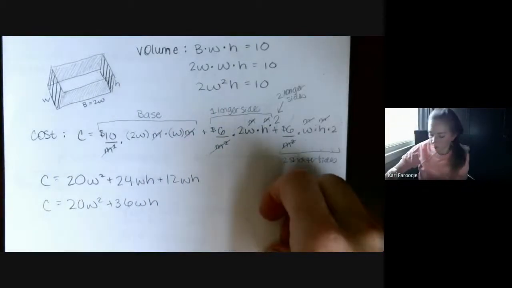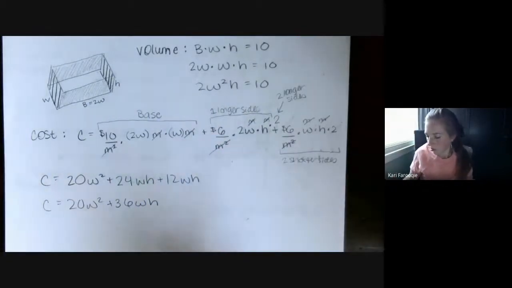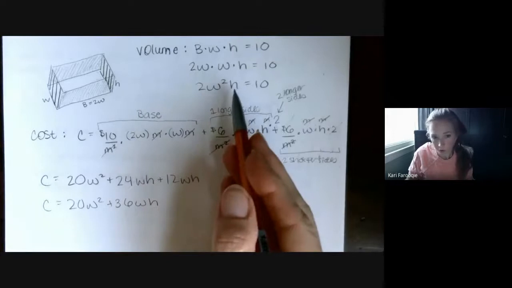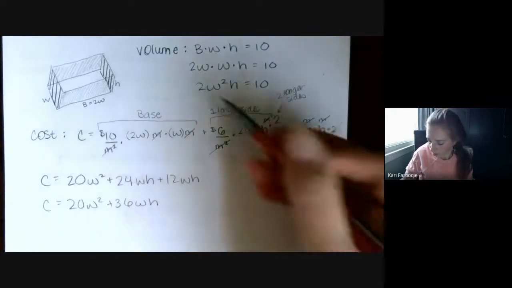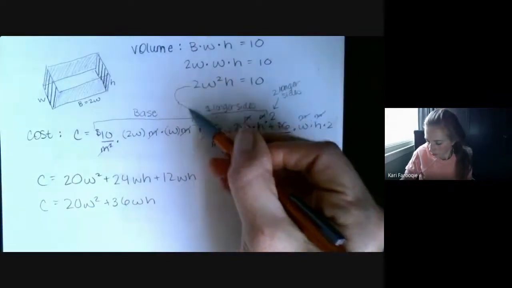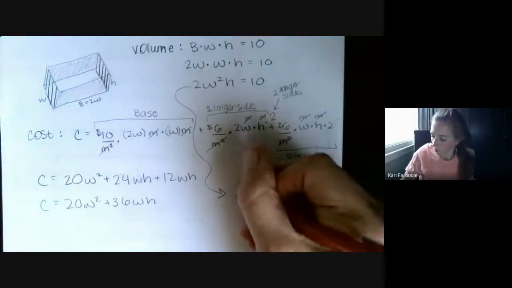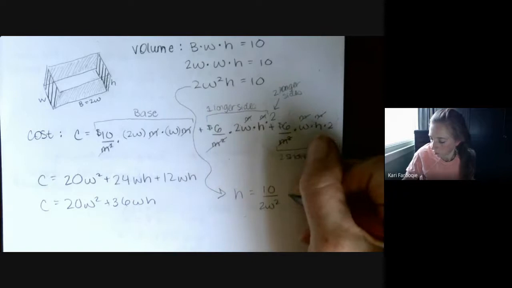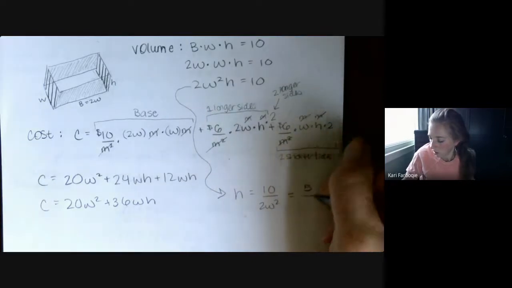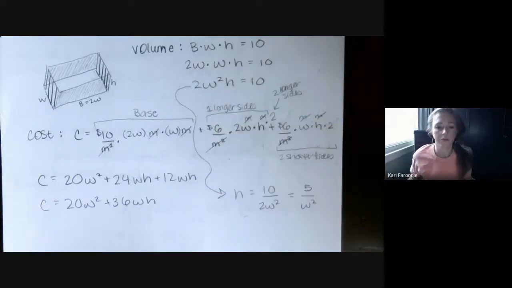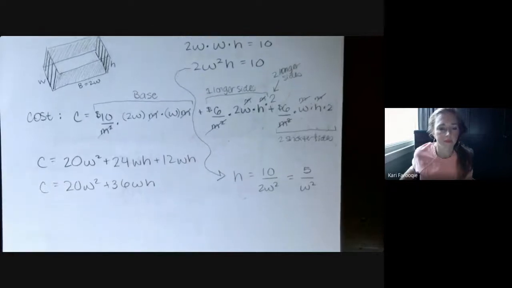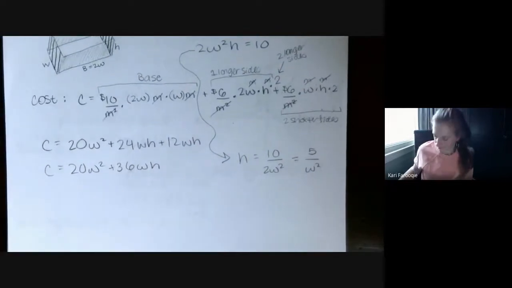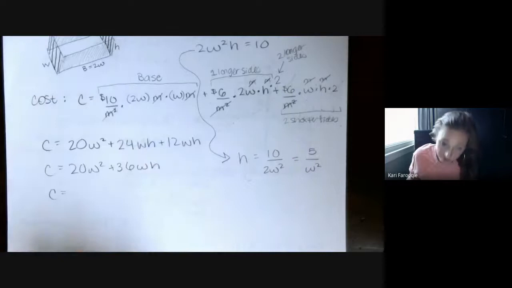All right, so let's get everything written in terms of one variable. We're going to solve for the h. So going down here, we'll say that h equals 10 divided by 2w squared, which is 5 over w squared. And then substitute that into your cost equation. This is where we're trying to take that minimum cost.